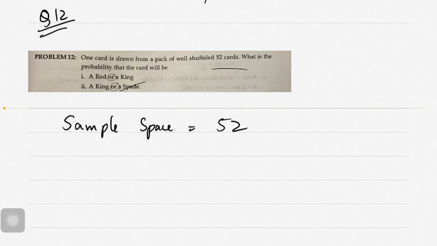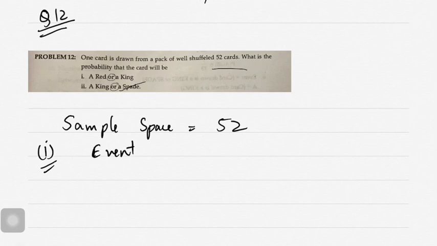Okay. So event A, let's do the first part. I will name card drawn is a red card as event A, and card drawn is a king as event B. And card drawn is a spade, I will name it as event C. Okay, what has been asked?